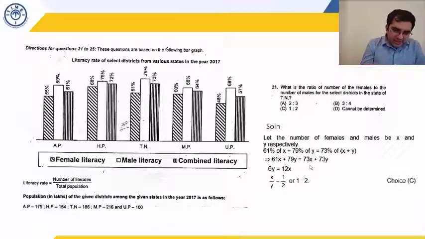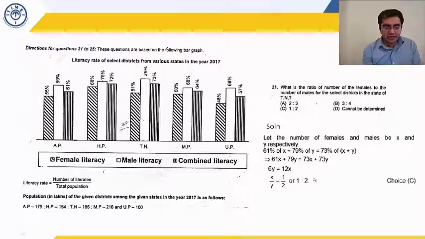I want you to look at this part very carefully because this is how the other questions in this question set may need to be solved. For any state, you can find out the ratio of females to males and you are given the total number of people. So you can find out the exact number of females and males in any state.